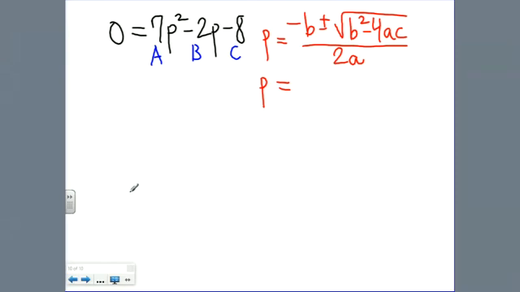Be careful at the front, b is negative, and our b is negative, so we have a double negative happening again.